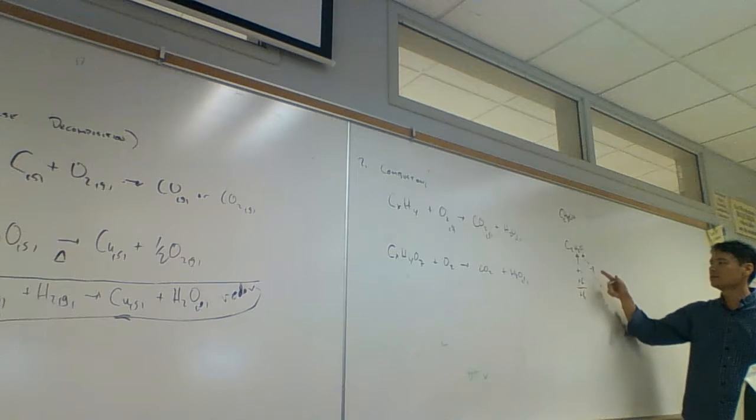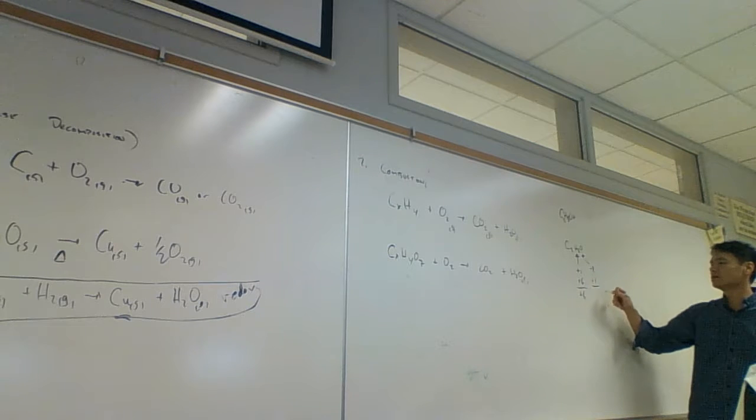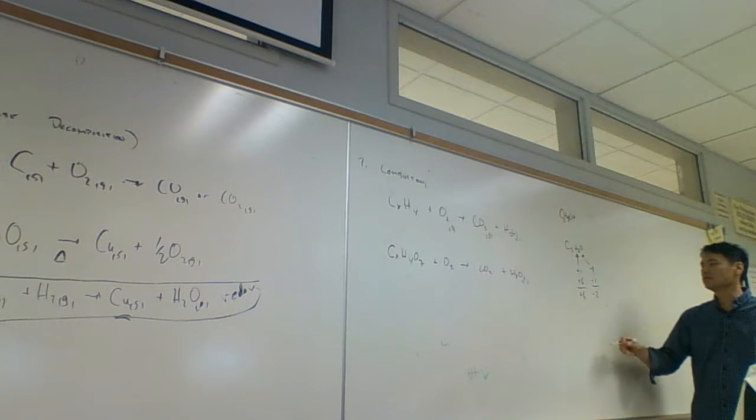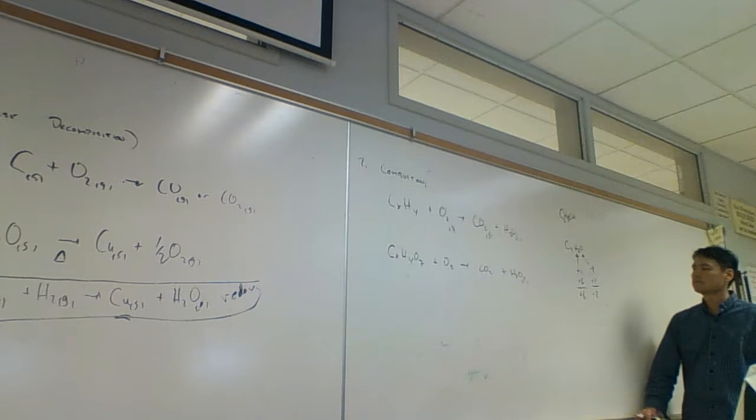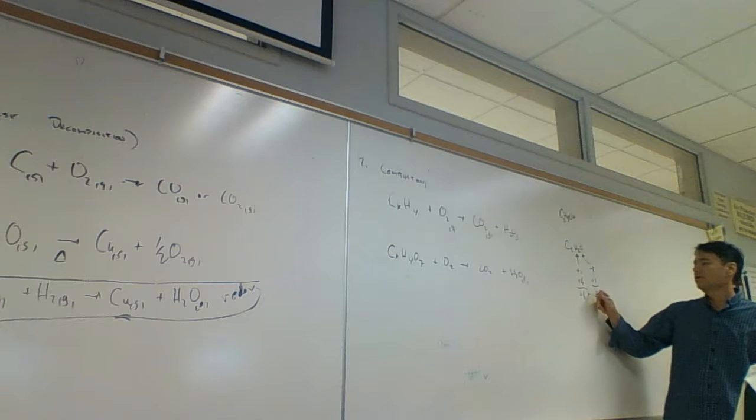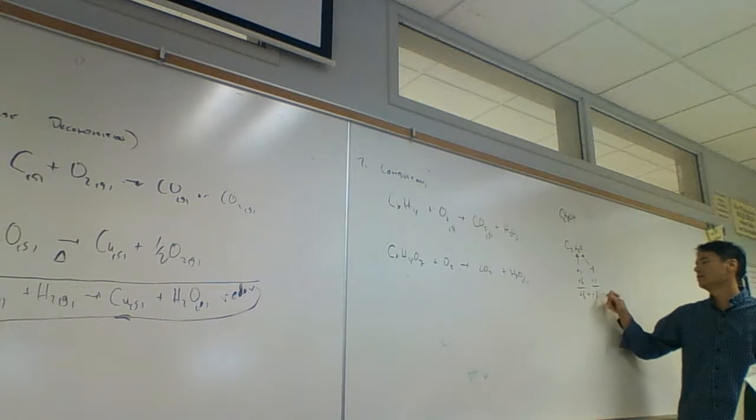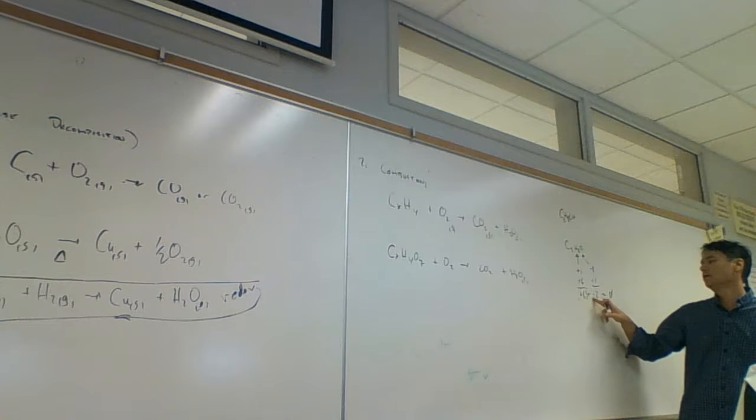If oxygen is -2 and we have 1 of those, then we have a total negative charge of -2. All of these charges have to sum up to 0.